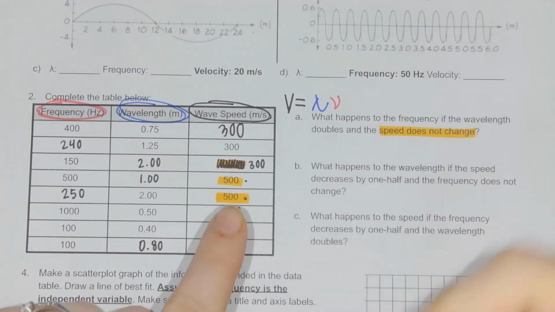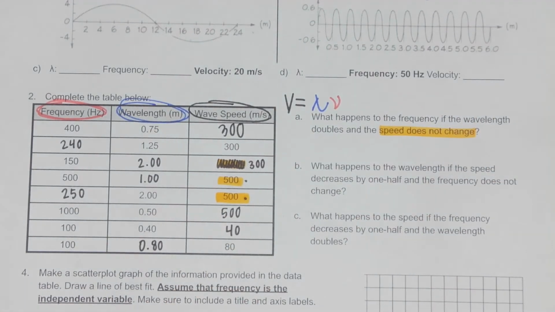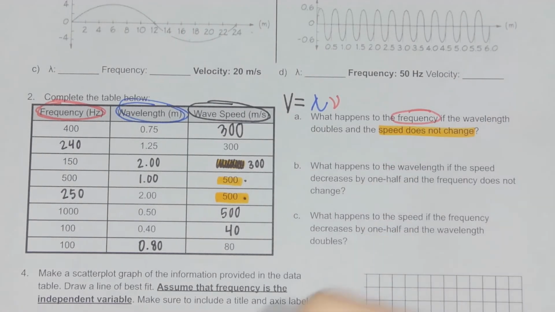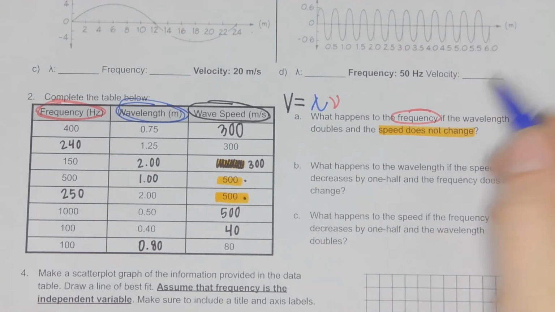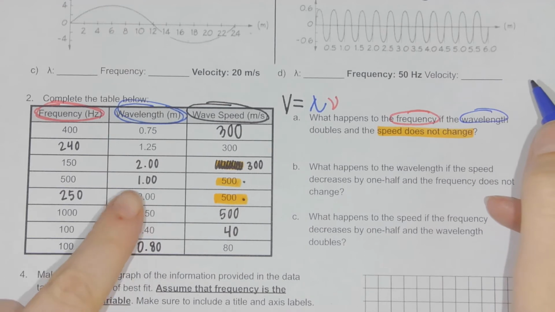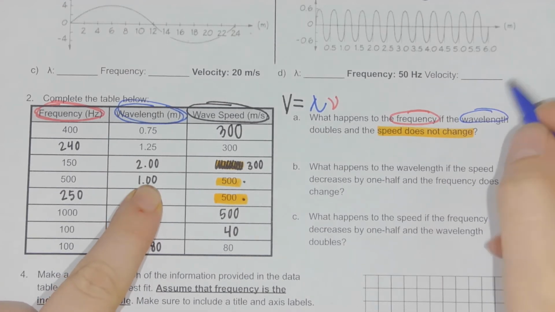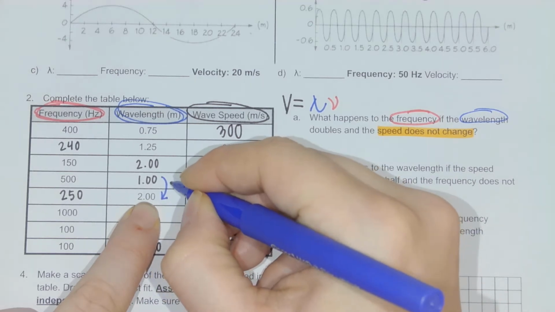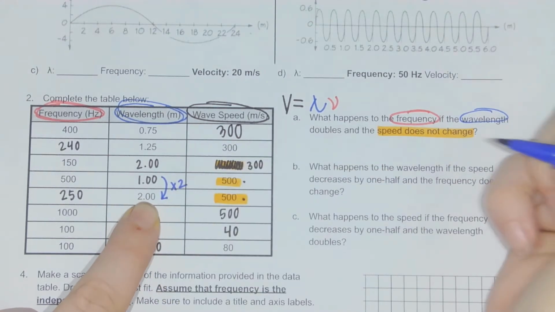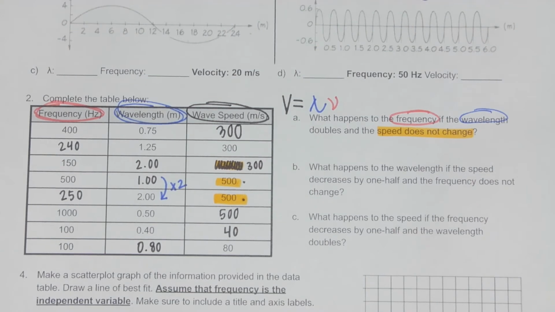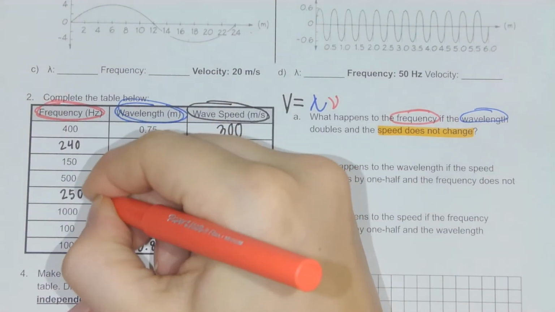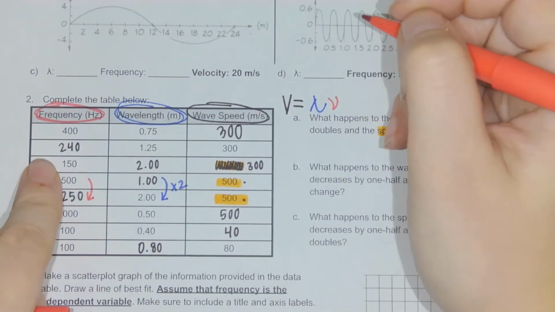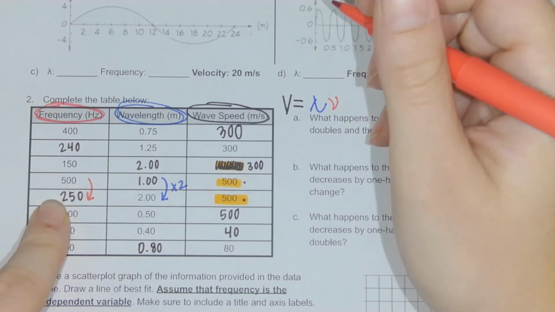And we're wondering what happened to the frequency if the wavelength doubled. So it used to be 1 meter, but then it doubled from 1 to 2. The question is, going the same direction, what's happening here from 500 to 250?